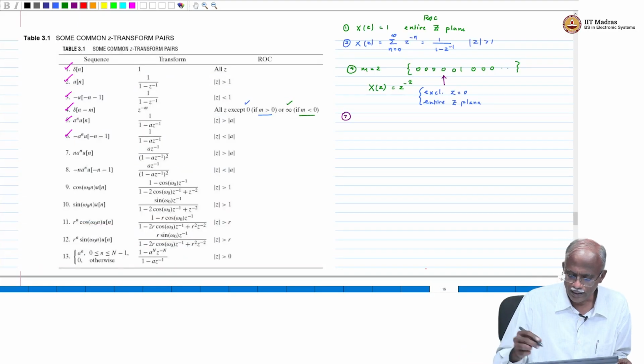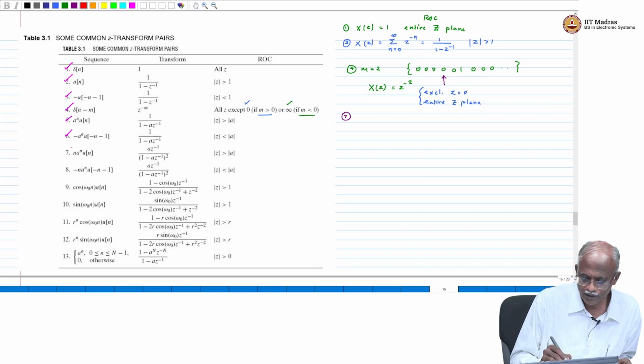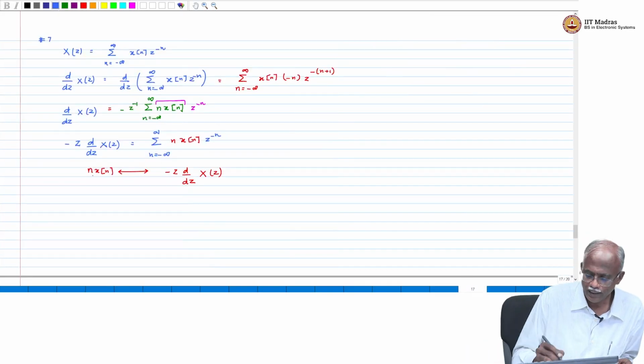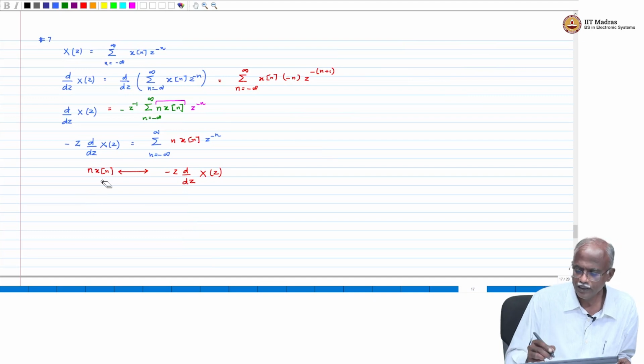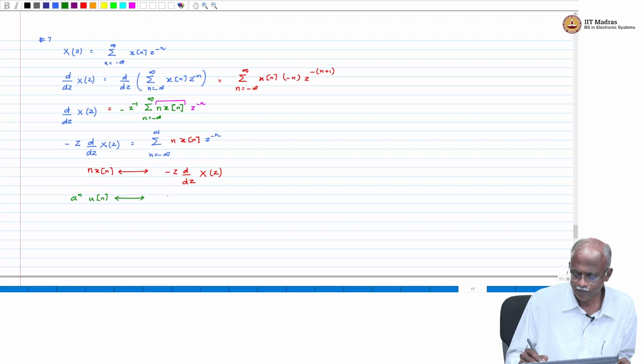Now, what is the expression that we have here? We have a sequence which is n times a of n u of n. So the first thing that you will do is, a of n u of n has an expression which is 1 over 1 minus a z inverse, mod z greater than a.